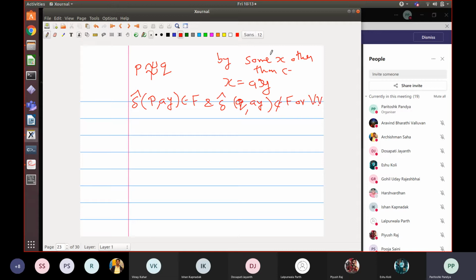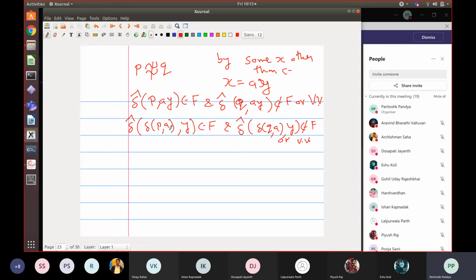This is because suppose it is separable by some string longer than epsilon, then that string X must be of the form some letter A followed by Y. So this property will hold. But this is same as delta hat of delta of P on A, on Y belongs to F and delta hat of delta of Q on A, followed by Y does not belong to F, or vice versa.